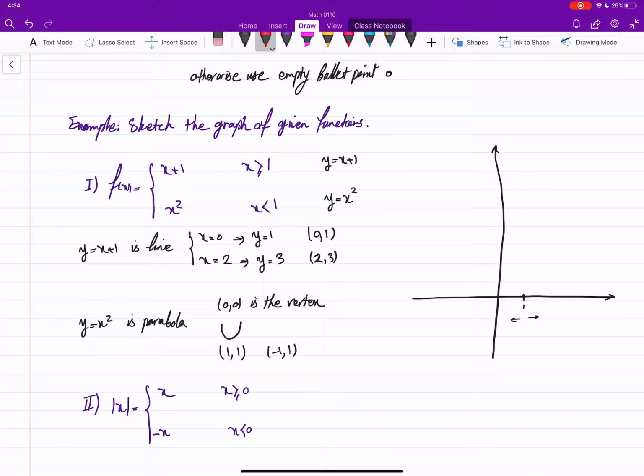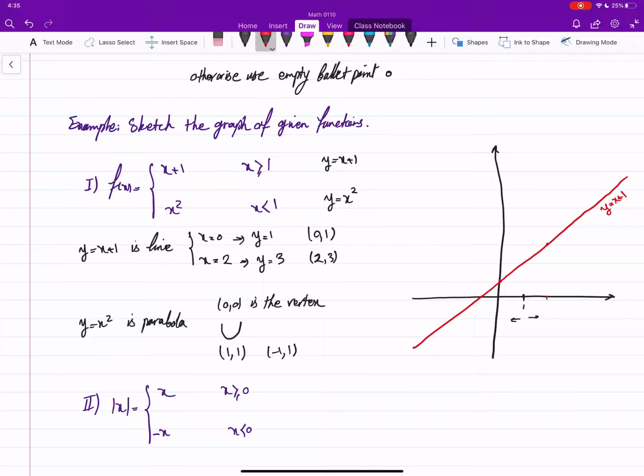For the first one, this is a line. So 0, 1, 2, 3, something there. And I sketch this piece. The whole thing goes there. But I will only keep the part which is for domain 1, because this guy here is y equal to expression 1, yes?